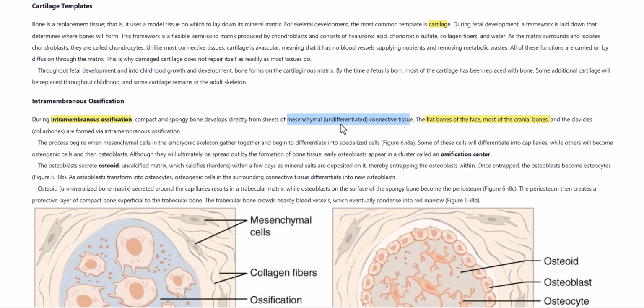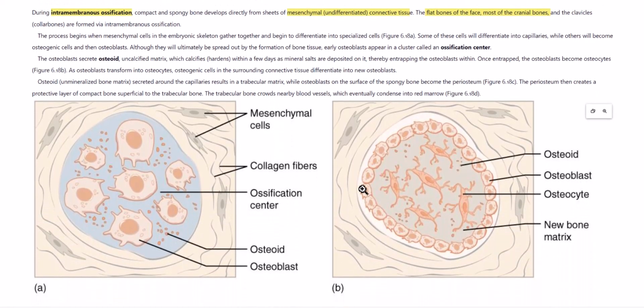Again, we're not going to go through this step by step, but those mesenchymal cells will gather, start to differentiate, and then different capillaries will start to invade those cells and ultimately will form these flat bones. And that's really all I'm going to say, right? That we make this type of bone not through a cartilaginous intermediate, but poof, from connective tissue straight into bone.